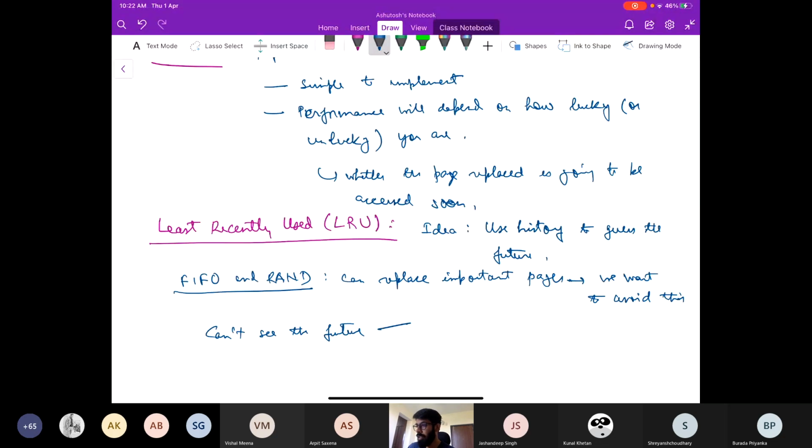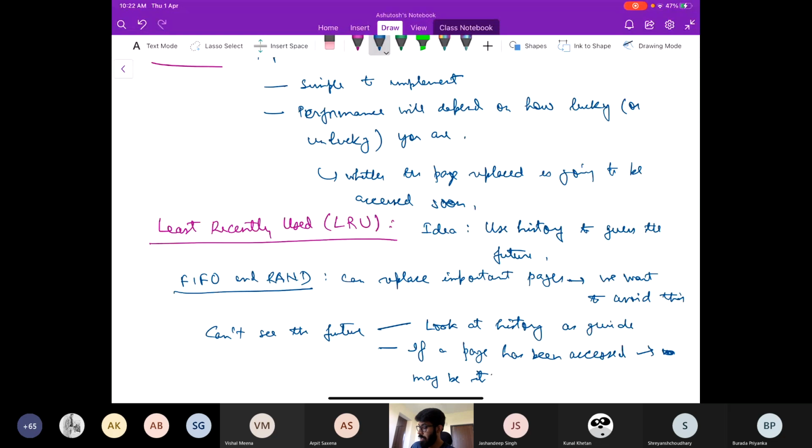So we look at history as a guide. The idea is that if a page has been accessed, it's likely to be accessed again.